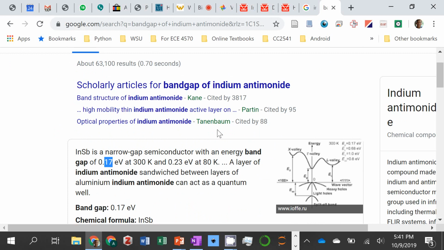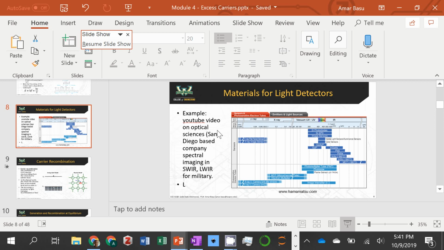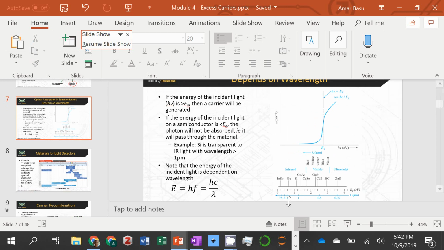If we look back to our little chart, we can do that calculation very easily. We see that 0.6 electron volts will allow us to detect IR radiation. In fact, InSb, this material that you see here, is exactly the material that the company is using.